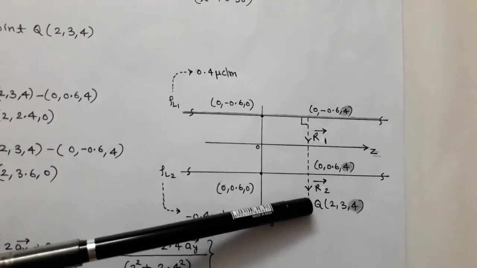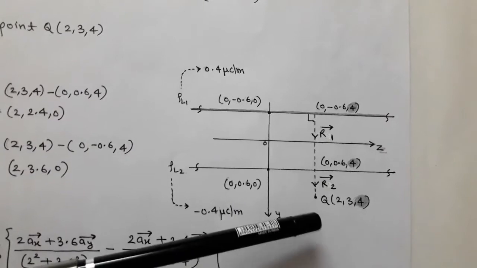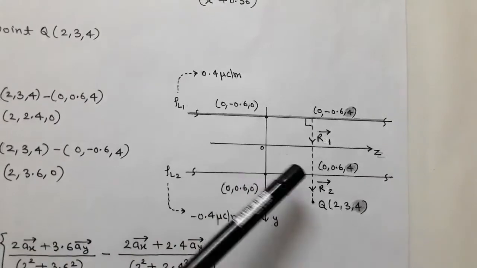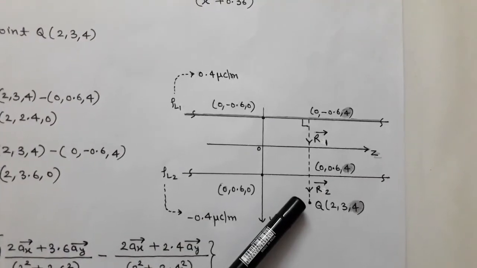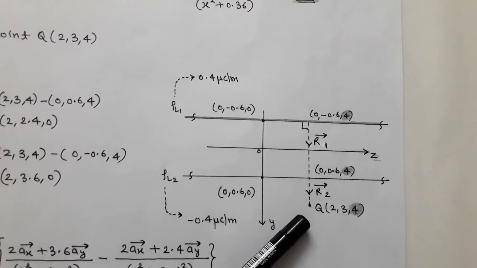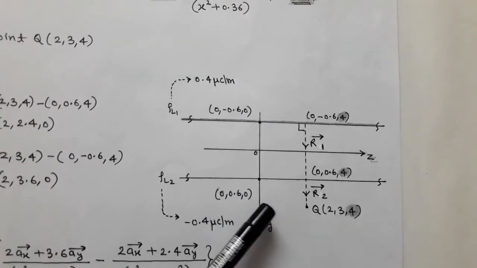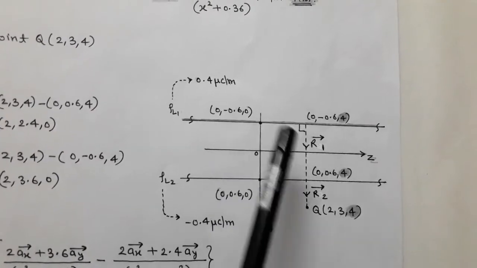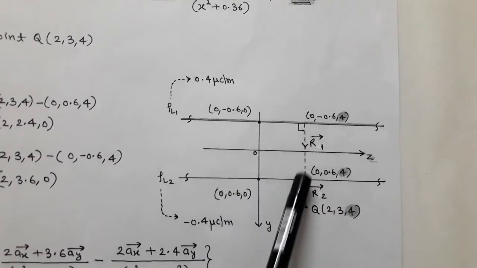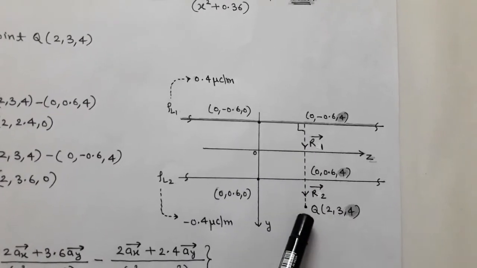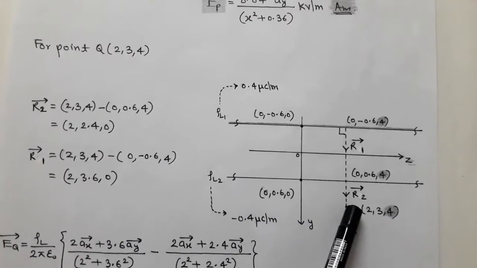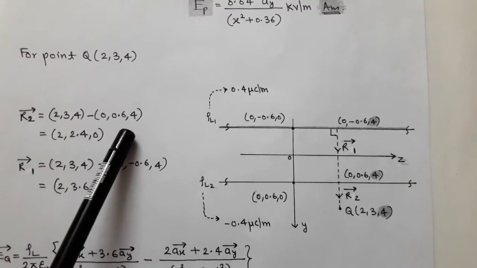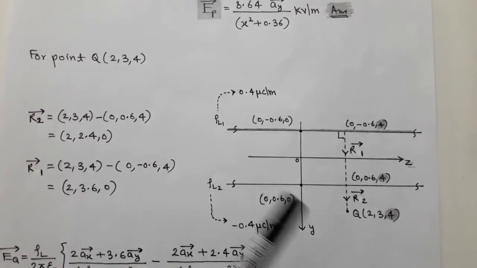So this point Q is situated toward the positive direction of y, greater than the 0.6 coordinate of y. So we consider the point Q having coordinates (2, 3, 4), and we have to draw a perpendicular onto lines rho L1 and rho L2. So from here, a perpendicular onto line rho L1 is the R1 vector. R1 vector becomes final point minus initial point, that is (2, 3, 4) minus (0, -0.6, 4), because the z coordinate should be constant.